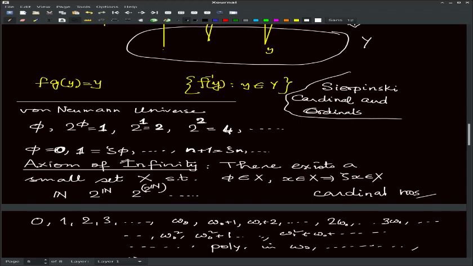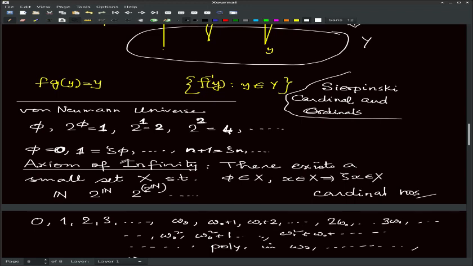But the difference between Kunen and Sierpinski's Cardinals and Ordinals is that this one is a storybook. Kunen is a textbook, a graduate text, and it doesn't hold your hand too much.